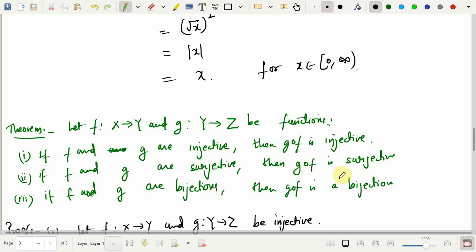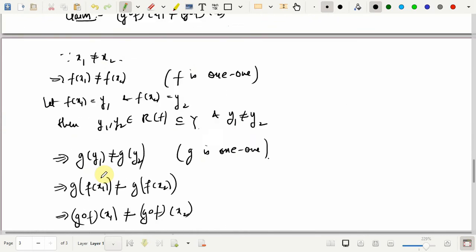So let's prove the theoretical part of this. Let me start on a new page.